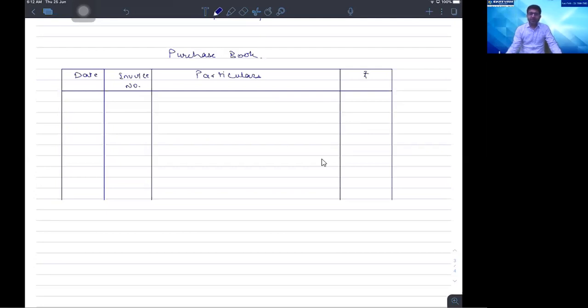Whatever things you were recording in your journal, the same thing is what we are going to record in the purchase book, but in a different format. यहां मुझे हर बार ये लिखने की जरूरत नहीं पड़ेगी परचेस अकाउंट डेबिट, परचेस अकाउंट डेबिट, परचेस अकाउंट डेबिट. Some part of my narration is already covered in my invoice number column, so I'll not be required to write a detailed narration.